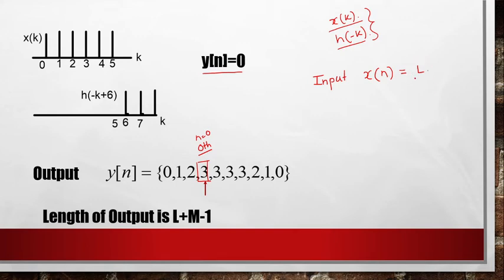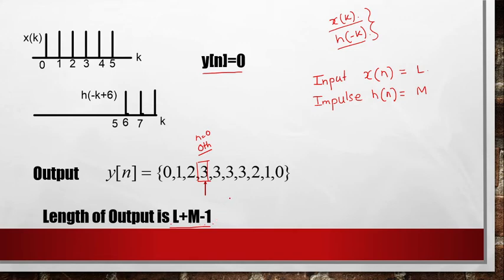I am representing that length by L, and suppose the impulse response h[n] has a length of M. If this is L and this is M, then you can understand how many outputs you will get. The number of output sequences will be governed by this formula: L plus M minus 1.